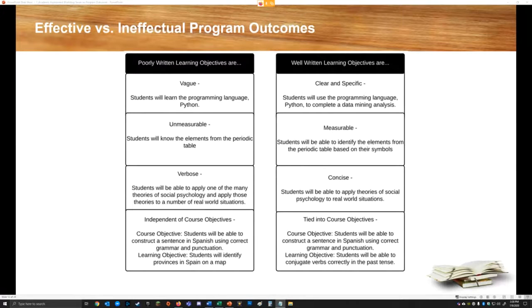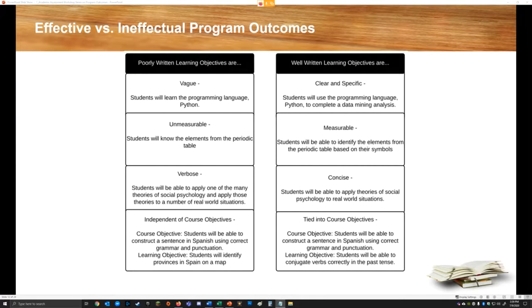So another example of an ineffective outcome, as we had already mentioned, and I'm so happy that we even mentioned the word understand, is that the outcome is not measurable and not observable. And I think that's a great example with the term understand, because understanding is not observable.